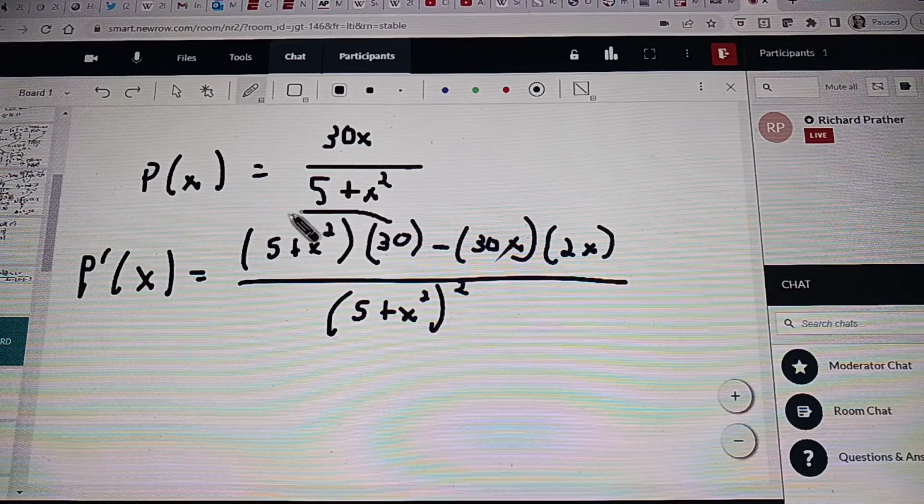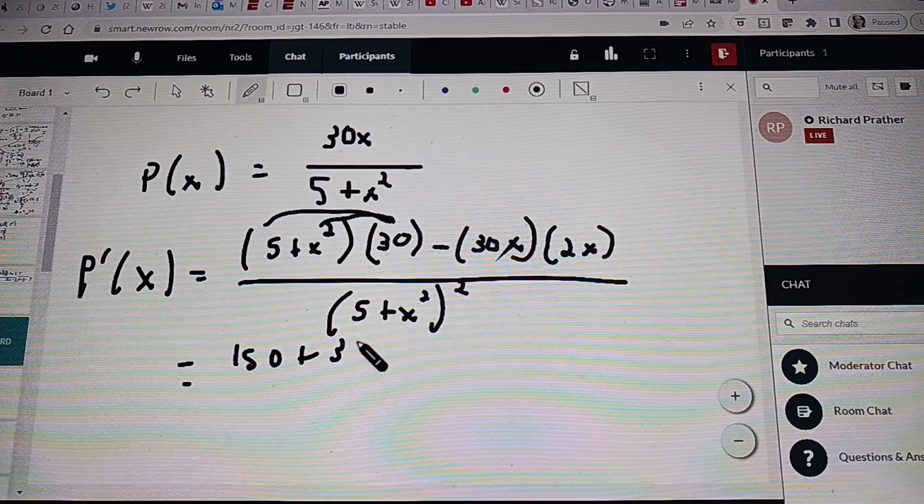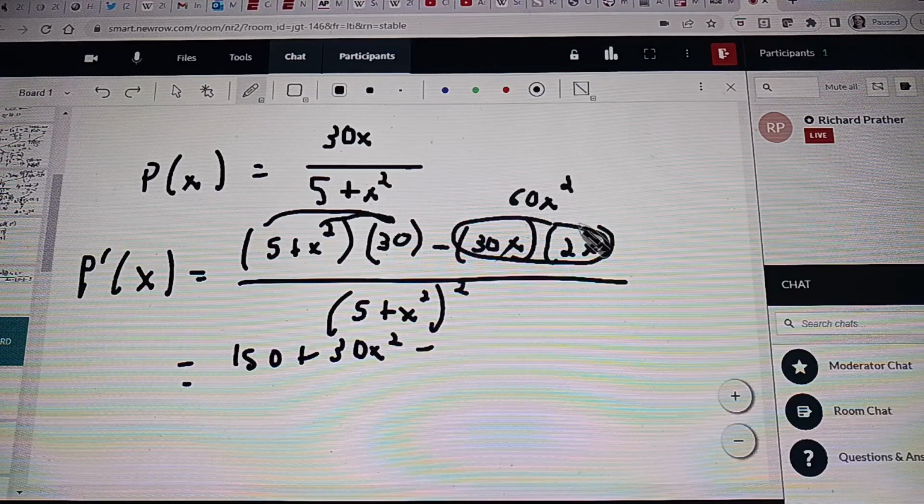So we don't probably have to simplify this too much because we're going to be plugging x in. But let's see if it simplifies a little bit. 30 times 5 is 150 plus 30x squared. And this is 60x squared right here, so minus 60x squared.